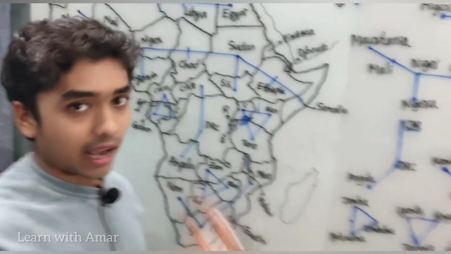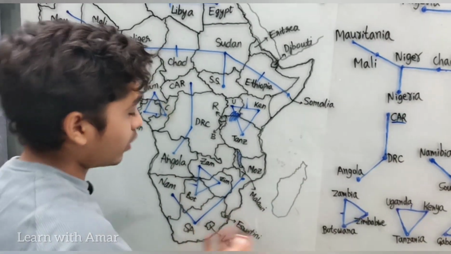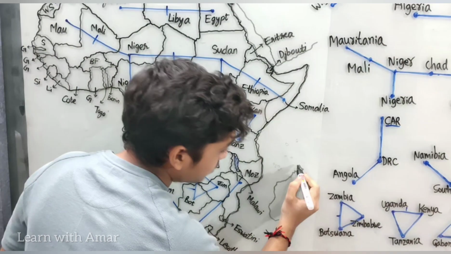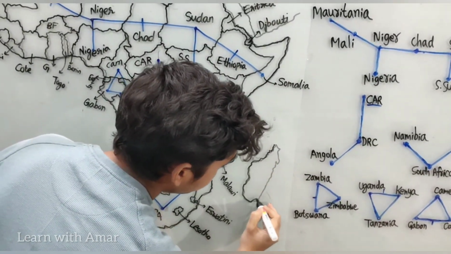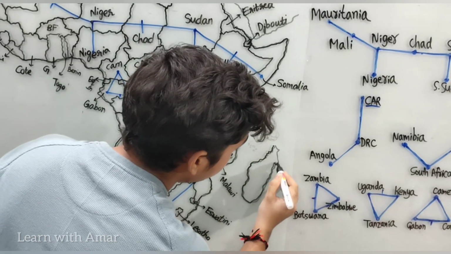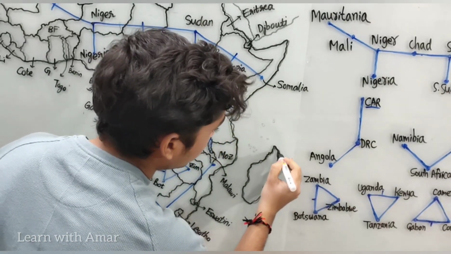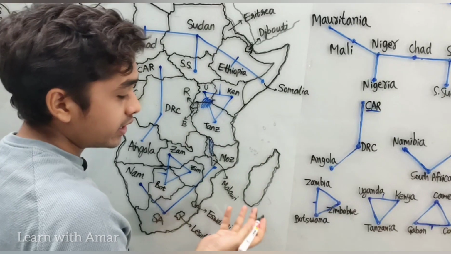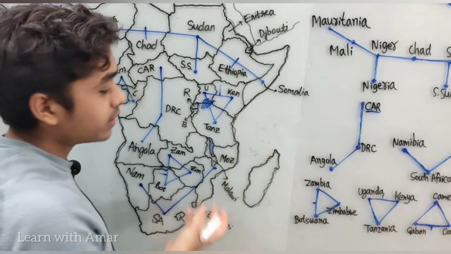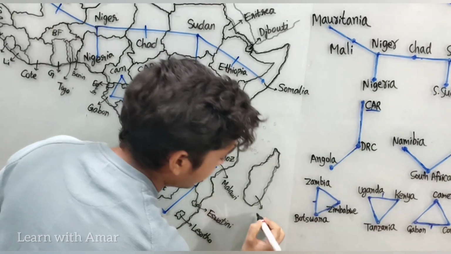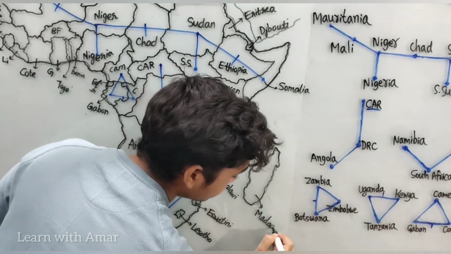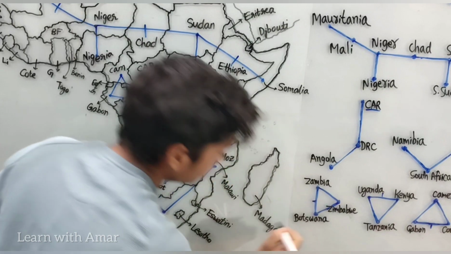Now let us look at the islands of Africa. The first thing that comes to our mind when we look at the islands of Africa is the fourth largest island in the world after Greenland, New Guinea and Borneo, if we exclude Australia, Madagascar.